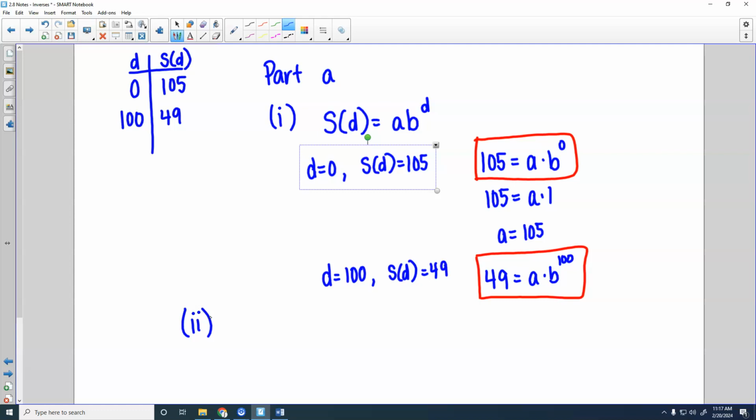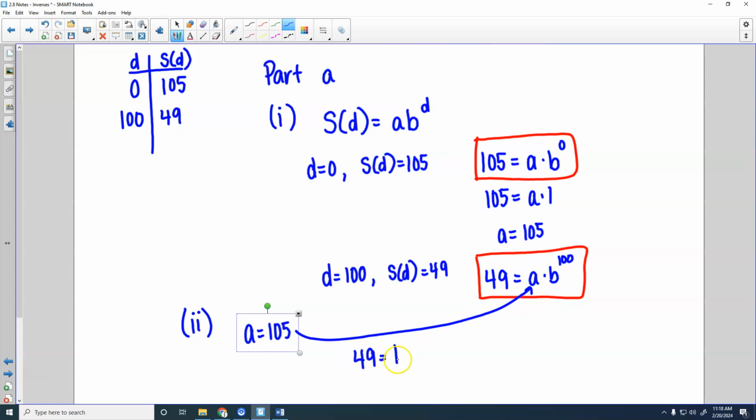So it is okay to use the regression there, but you basically already found A is 105, right? Because B to the 0 is just 1. So if A is 105, that means we could plug that in here. So we got 49 equals 105 B to the 100th power.